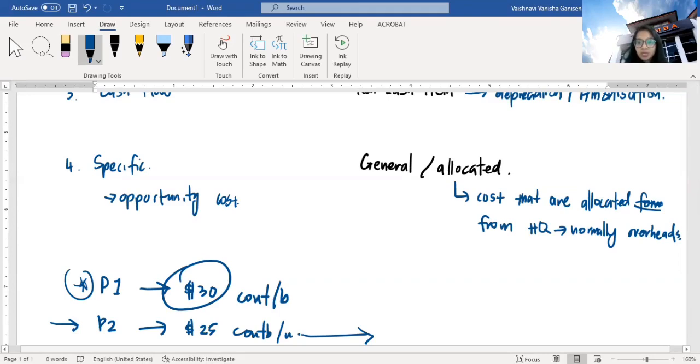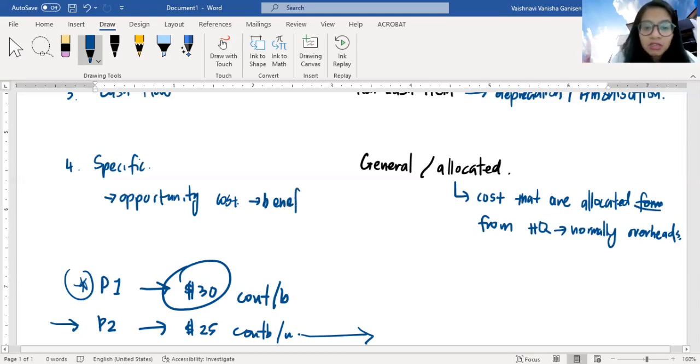Another way I can explain opportunity cost is that it is defined as the cost that you would need to incur when you are letting go of an option. You let go of one option, you gain a certain amount of profit, but the benefit that you have foregone from your previous project is what you call an opportunity cost. There are so many definitions that we can put for opportunity cost.